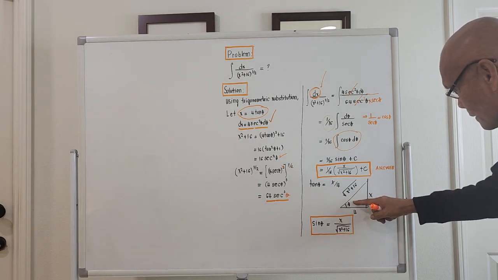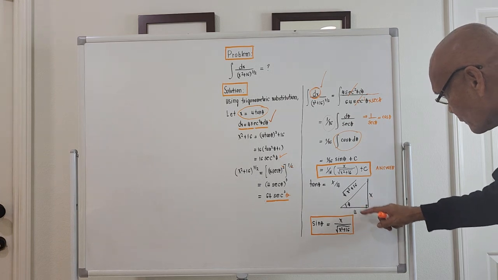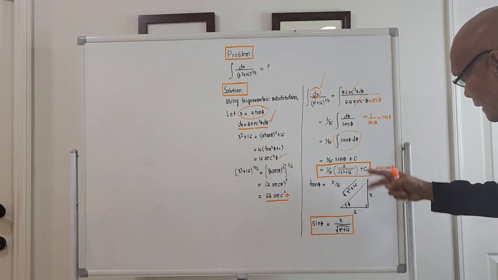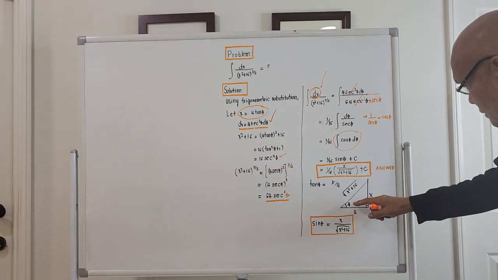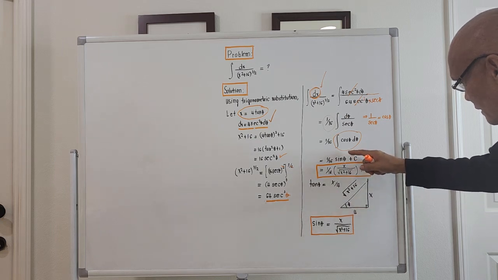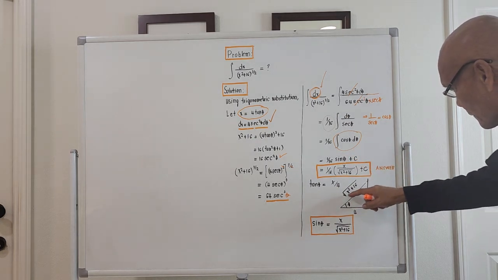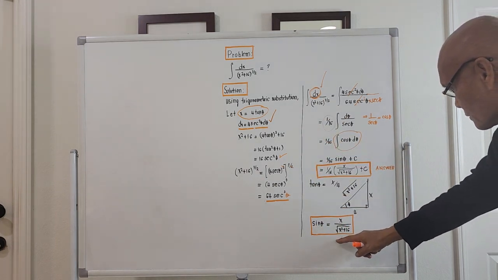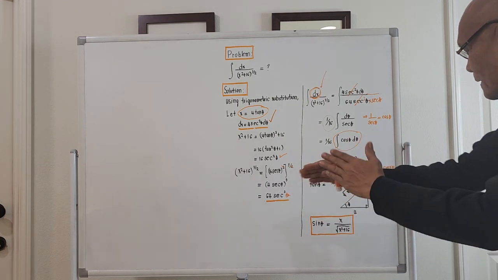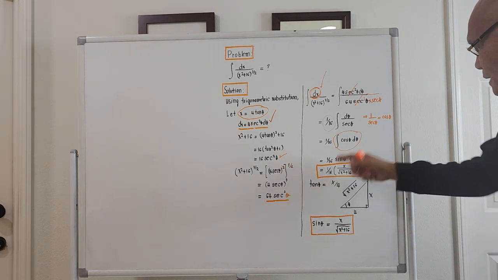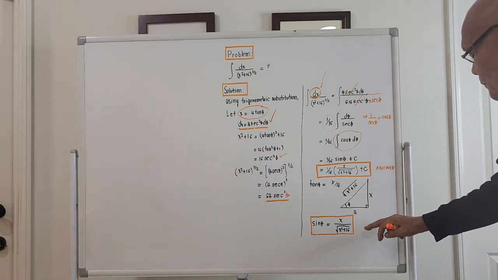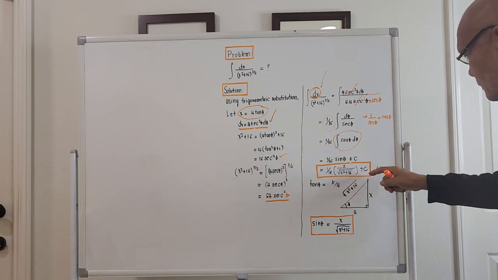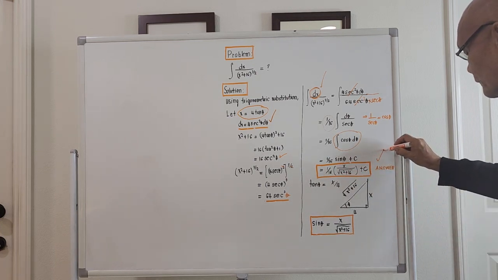So if this is x and this is 4, the hypotenuse will be the square root of x squared plus 4 squared, which is 16. Sine is the opposite over the hypotenuse, so sine of theta in terms of x will be x over the square root of x squared plus 16. So our final answer will be 1 over 16 times the quantity x over the square root of x squared plus 16, plus c. That's our final answer.